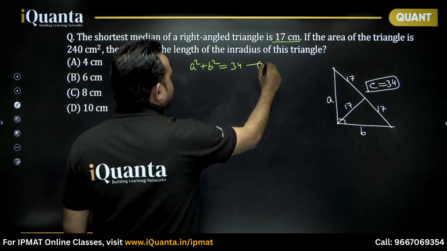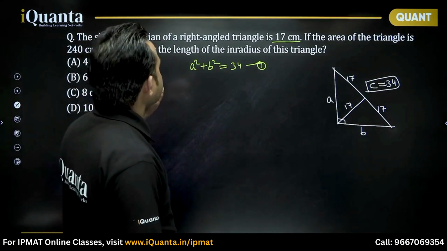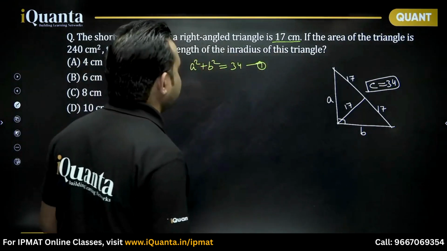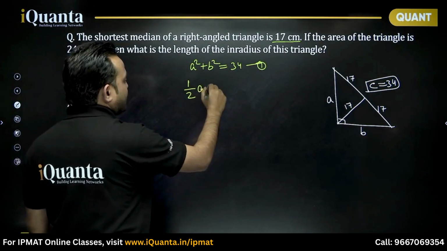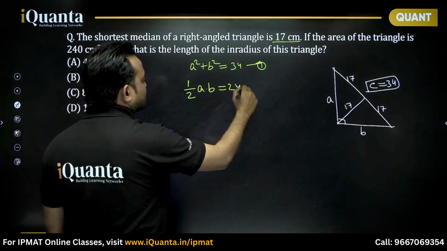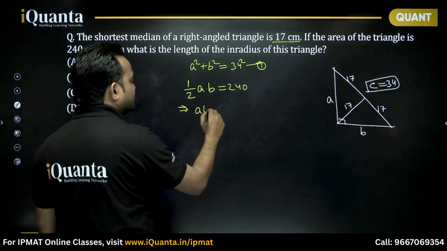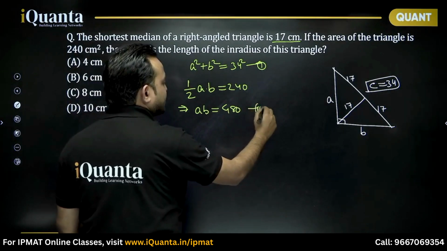Let's say this is our equation 1. And then we have that the area of this triangle is given, which is 240 centimeter square, means half of A into B is equal to 240, or we can say AB is equal to 480. This is our second equation.